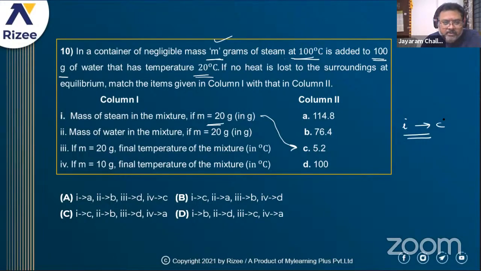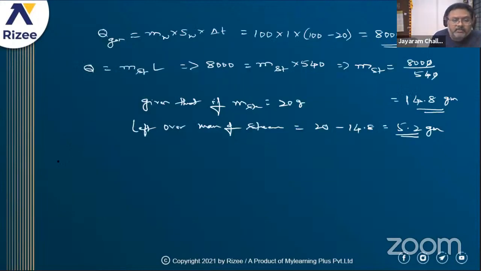Next one: what is the mass of the water, if M is equal to 20 grams, same thing. Now he is asking the mass of the water. That should be equal to the already existing 100 grams of water plus this extra. What is the water that has been converted? 14.8 grams.